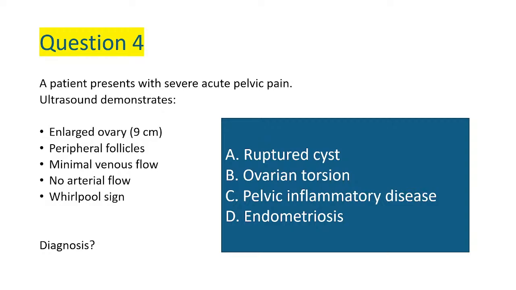C. Pelvic inflammatory disease. D. Endometriosis. So, what is the most likely diagnosis? A patient presents with severe acute pelvic pain. Ultrasound demonstrates enlarged ovary, 9 centimeters, peripheral follicles, minimal venous flow, no arterial flow, and the whirlpool sign.